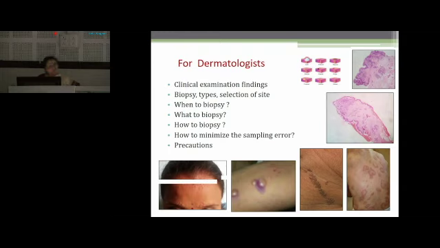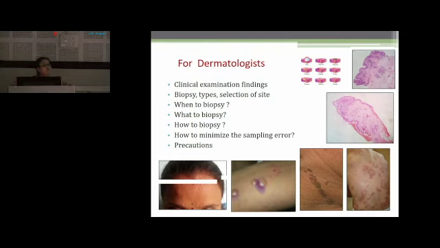For vesiculobullous lesions, early lesions are preferred. Lesions with secondary changes like fissures, ulcerations, excoriations are avoided because the primary pathological process may be obscured. Areas of poor healing characteristics are to be avoided.